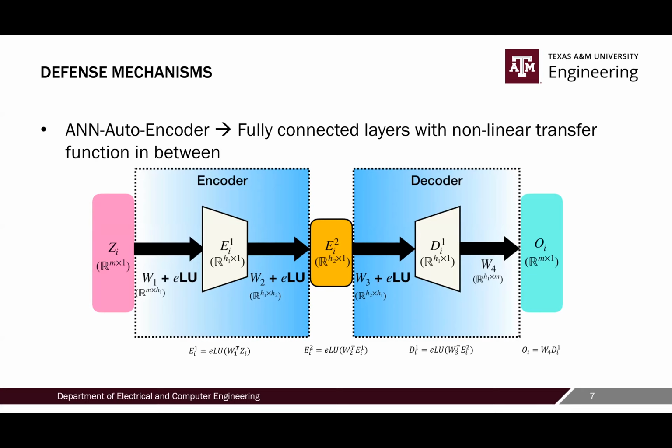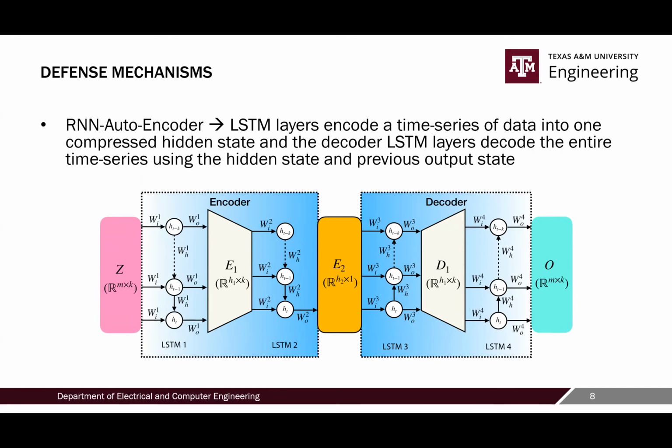The first method is an ANN autoencoder that uses fully connected layers, and this method is really considering the spatial aspects only. Then we also use an RNN-based autoencoder that considers spatial and temporal aspects, so this has LSTM layers.